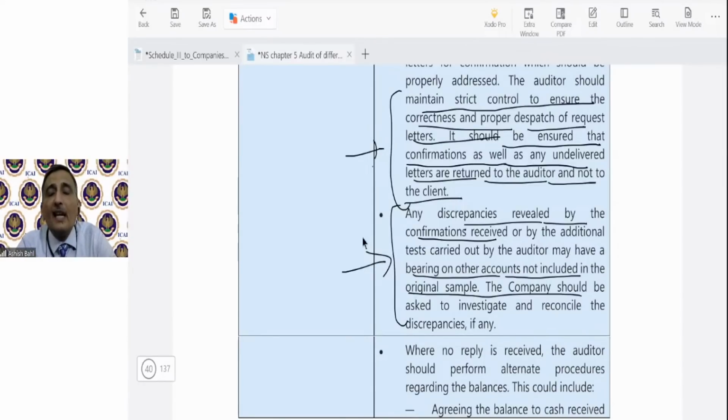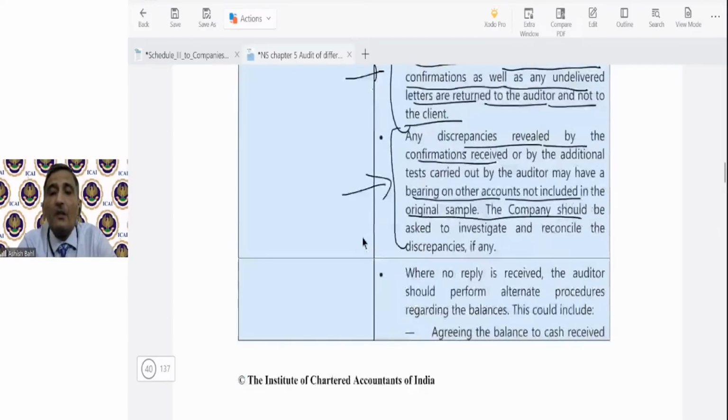So obviously he may try to extrapolate these things, कि इसमें डिफरेंस है तो इसका मतलब और जो बैलेंसेस हैं उसमें भी डिफरेंसेस हो सकता है. So he would try to increase his sample size and reconcile the discrepancies.